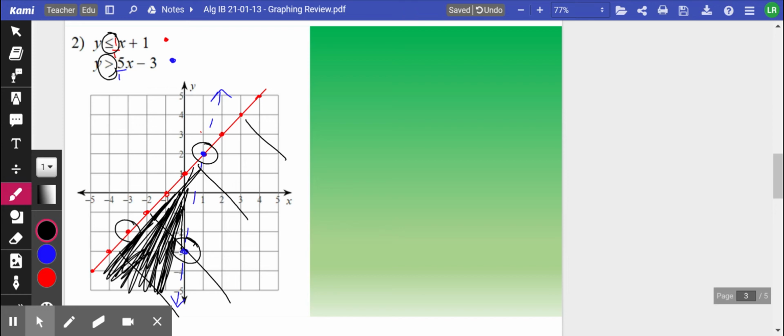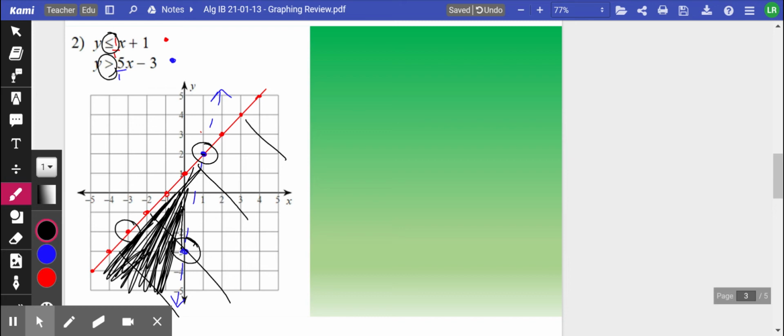Thumbs up, thumbs down. Is this point right here on a dotted line? Yeah, so that means it's automatically not a solution. Being on the dotted line trumps the fact that it's also on a solid line. Remember, it's got to work for both. And then all these points in the shaded area, those would be solutions.